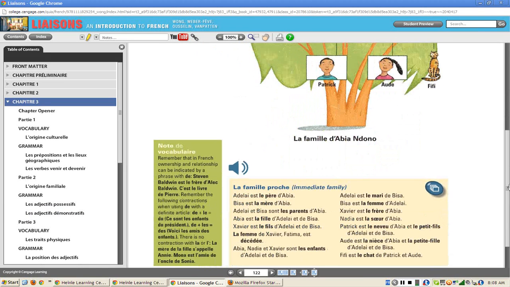of expressing possession, which is simply by putting in the de, this little particule, de. For example, if you say the father of Abia, or Abia's father in English, le père d'Abia.